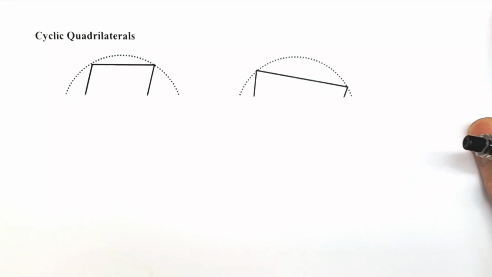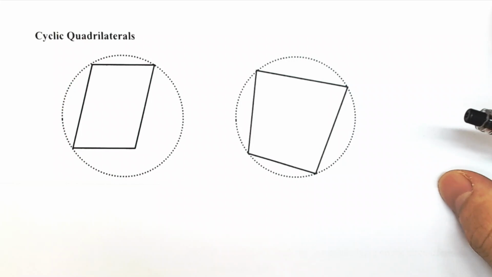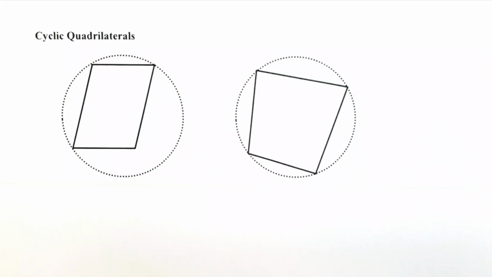See the example below. There are two quadrilaterals. In this figure, the circle can only be drawn through three of the vertices, and it cannot pass through the fourth vertex. In this case, we cannot call the quadrilateral a cyclic quadrilateral.